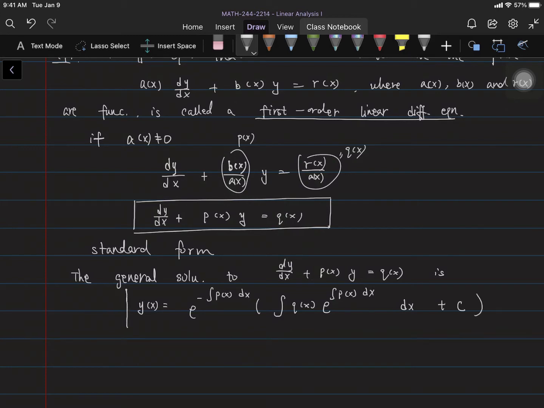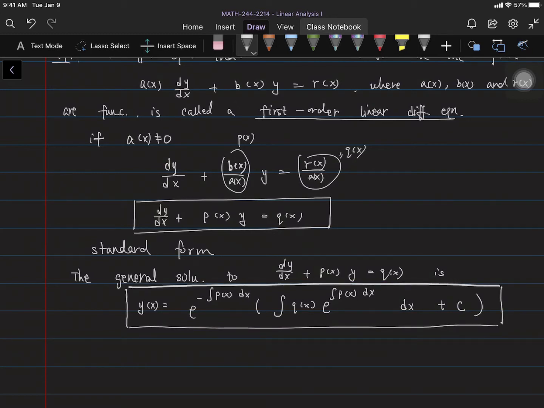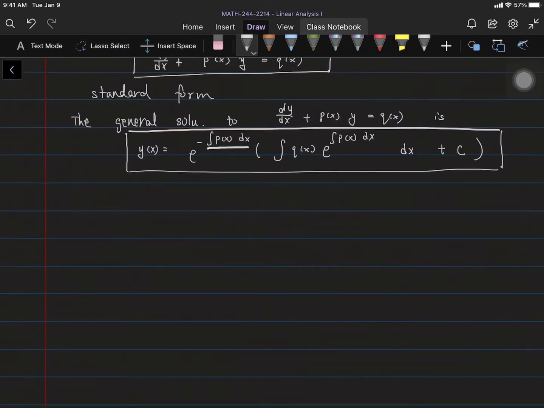This is the formula. In this section, we are going to use this formula to solve first order linear differential equations. It looks complicated, but I'm going to show you how we get this solution and how to understand it.